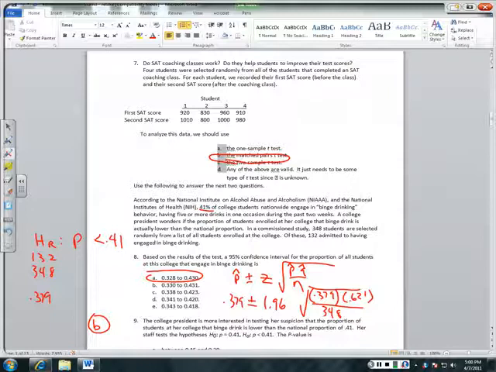And so I'm just going to put that in my calculator. Of course, you can do it just with the test procedure on your calculator, but if you'd prefer to work them out, that's certainly okay as well.